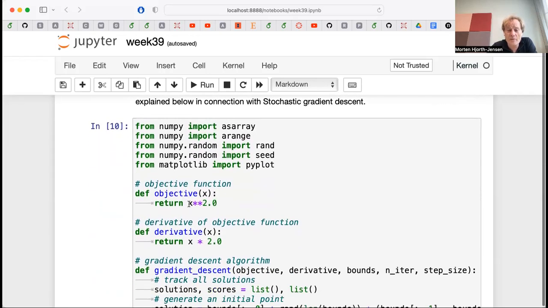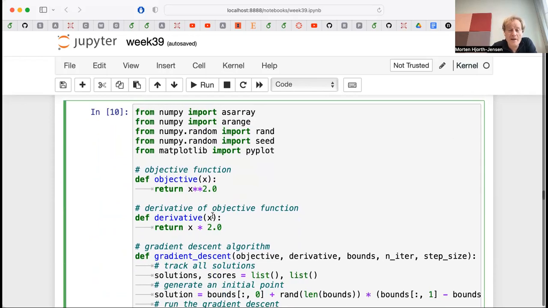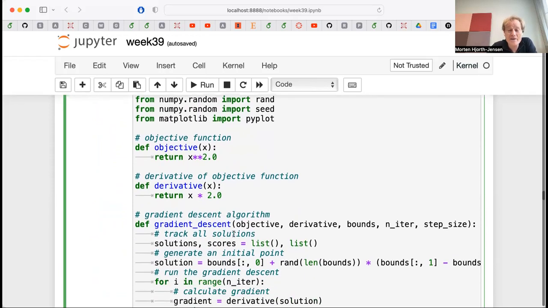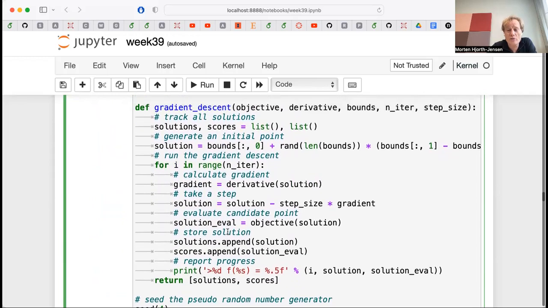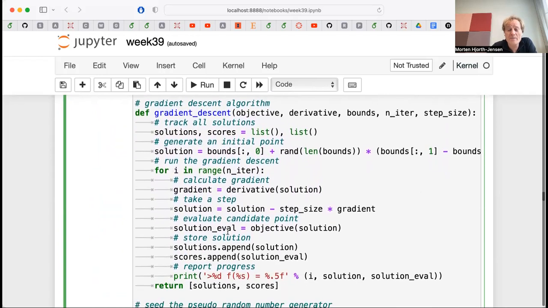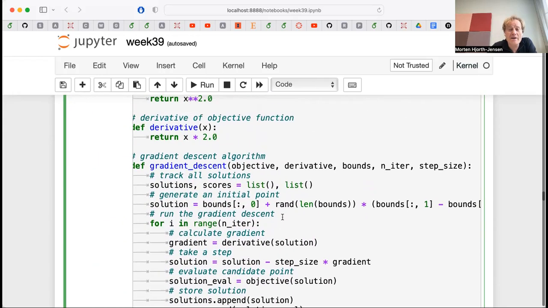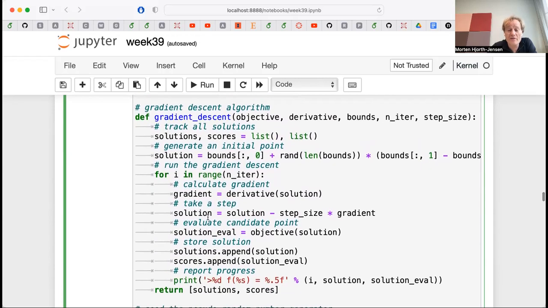So I have a function which you can see here, which is simply x squared. And clearly the derivative is 2 times x. And this is a standard gradient descent. So I have a bound for the solutions which I put up from -1 to +1. And then it simply evaluates the gradient. In my case, I actually have the explicit equation for the derivative.